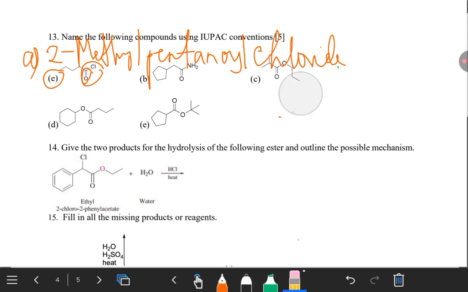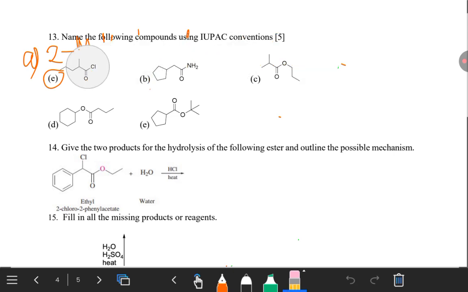Alright, so let's look at the second structure. So this second one, you can see that it has this group which is a cyclopentane rather. Then it has also an amide group here, with a carbonyl group.